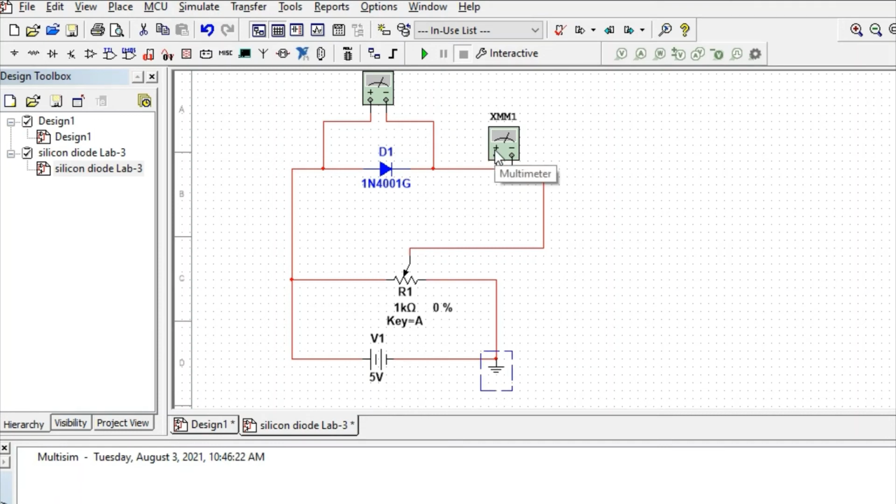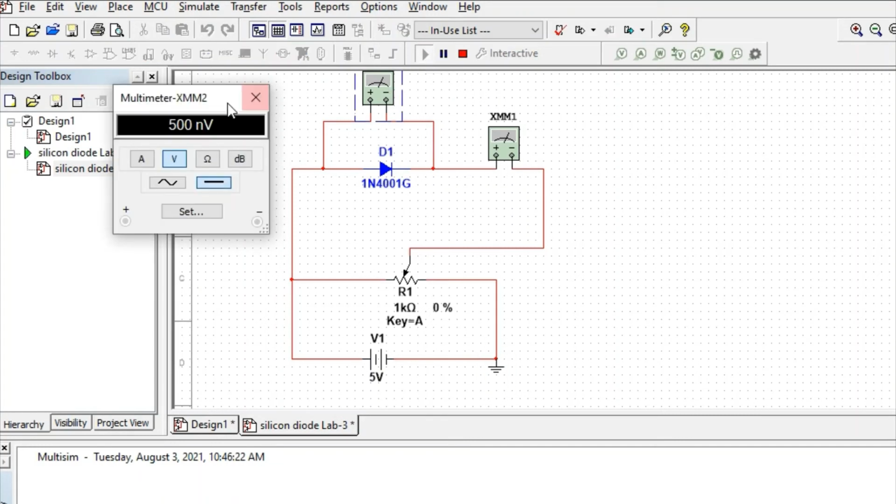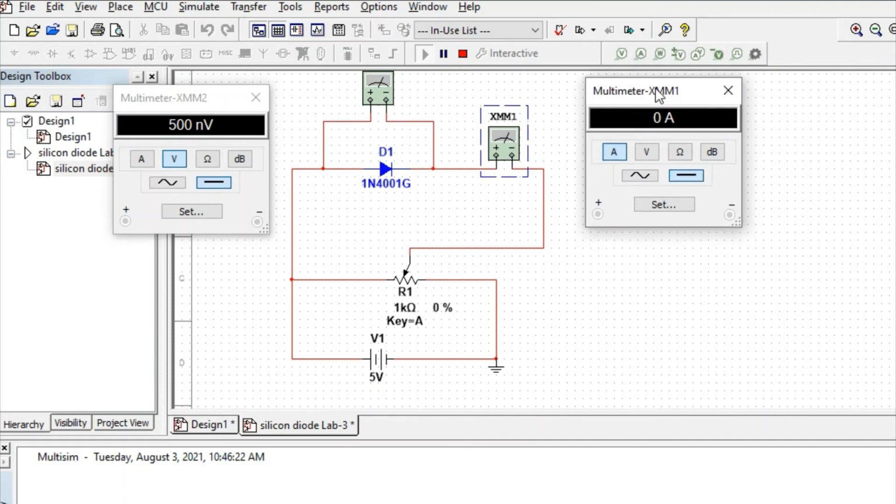As we run the circuit, you can see that at 0%, it does not allow any current to flow through this part, so the voltage is nearly 0 as well as the current is 0.